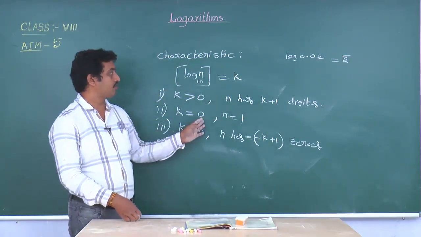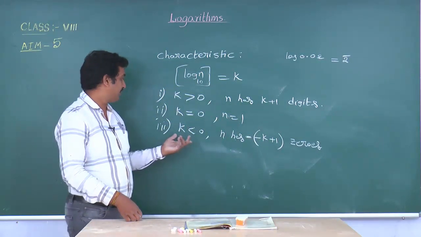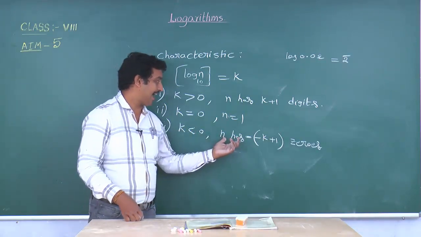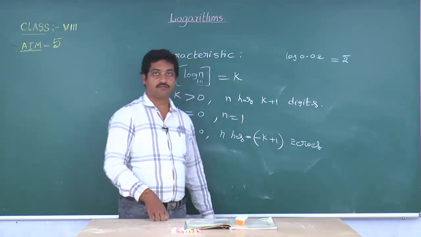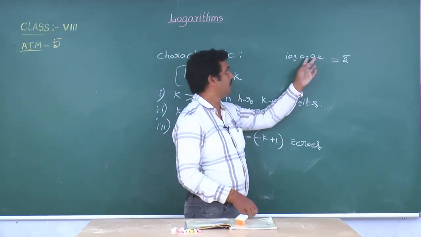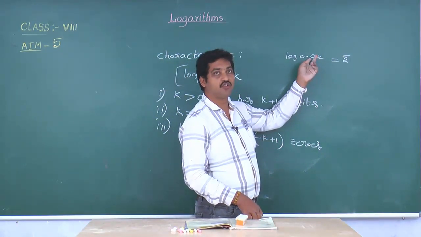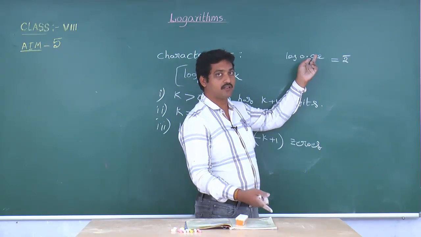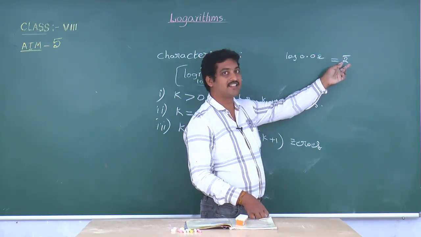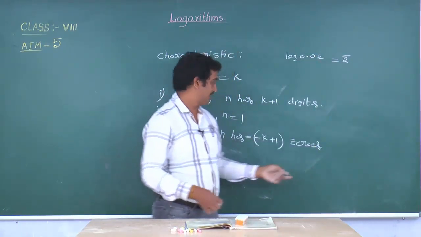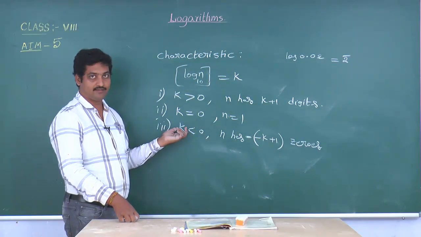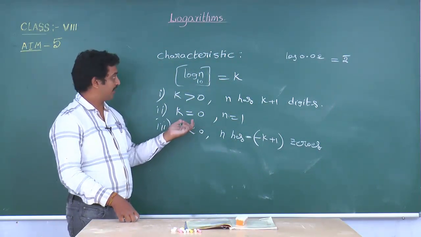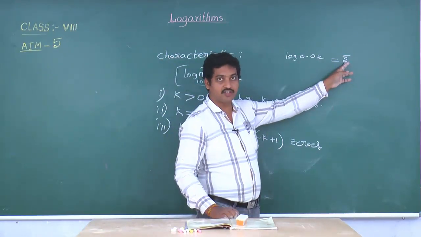If k is equal to 0, n is fixed as 1. If k is less than 0, n has minus of minus k plus 1 zeros. Observe this example. If it is 0.01, its characteristic is equal to minus 2. Here k is equal to minus 2.